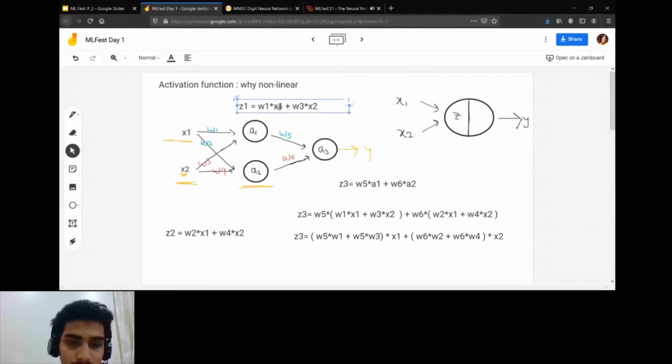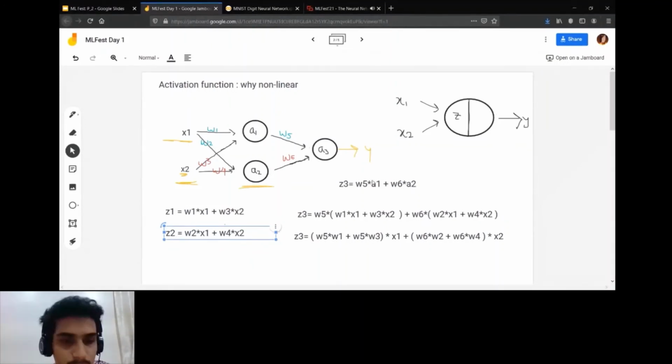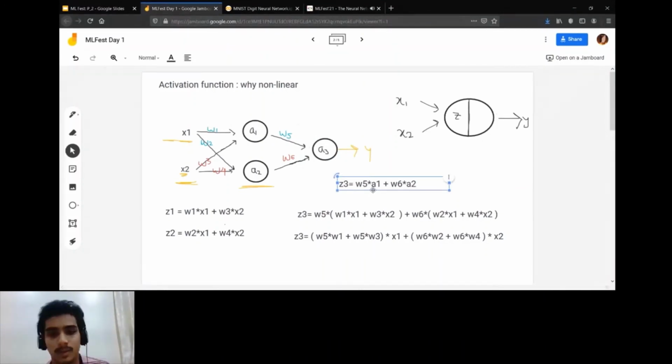Similarly we calculate for this neuron, its output would be z2, and similarly for the output neuron, the output will be this. Now just a recap of what our equations were.